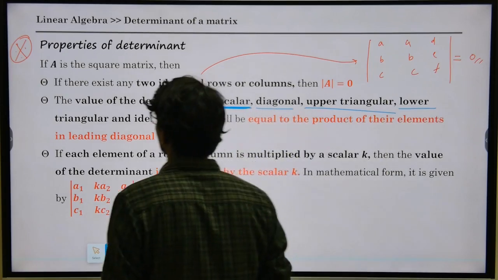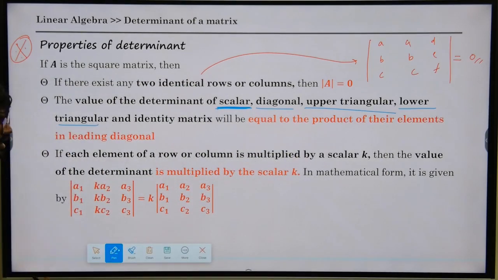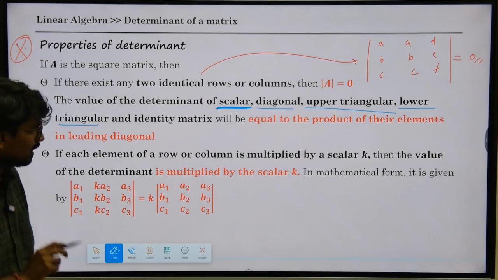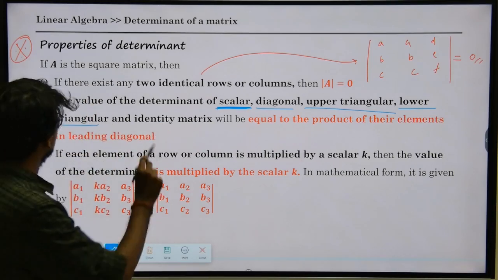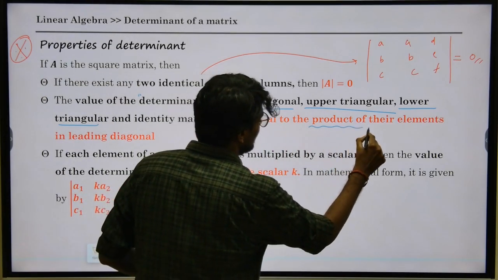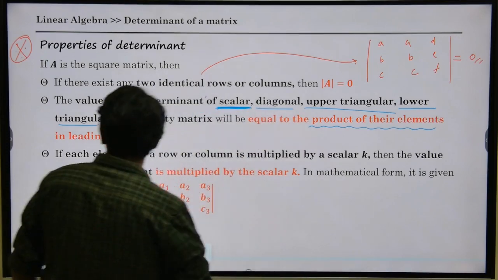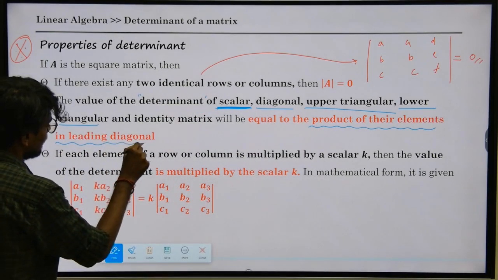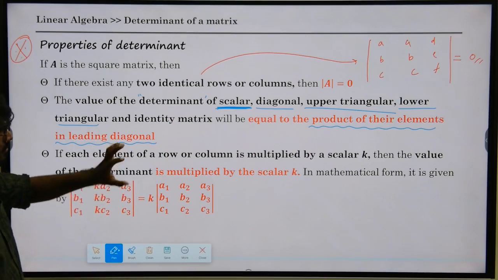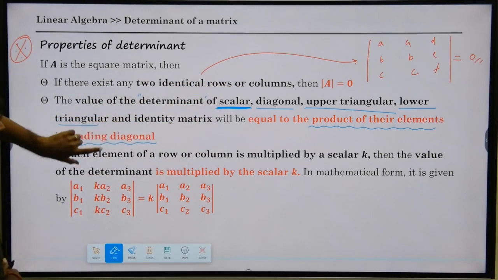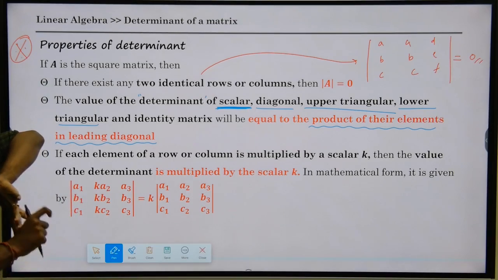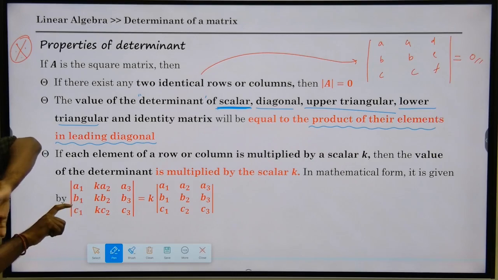Lower triangular, above the leading diagonal everything will be 0. Identity matrix, the leading diagonal elements will be 1. For all these matrices, the determinant is simply the product of their leading diagonal values. For scalar, diagonal, upper triangular and lower triangular matrices, take the leading diagonal elements and multiply them, it will give me the determinant.